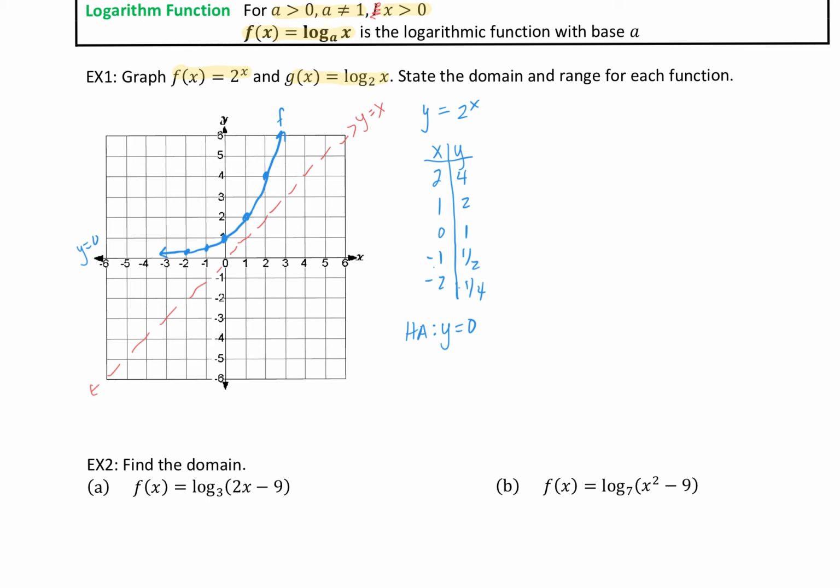And I'm going to use green for the log function g. I am going to rewrite this as y equal to log base 2 of x. And that's still too difficult for me to figure out how to get points with. So I'm going to translate that back to its exponential form. That would give me 2 to the y equal to x.